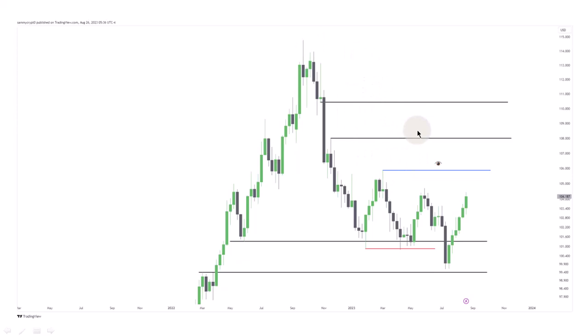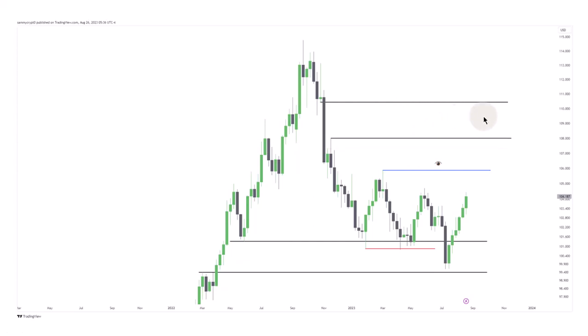I know there's not much of a point in drawing the fair value gap perfectly or whatsoever, but I see this in your charts a lot, and this is wrong. The fair value gap should originally be at the high, the third candle high. All right, so that's exactly where I'm expecting price to trade into.